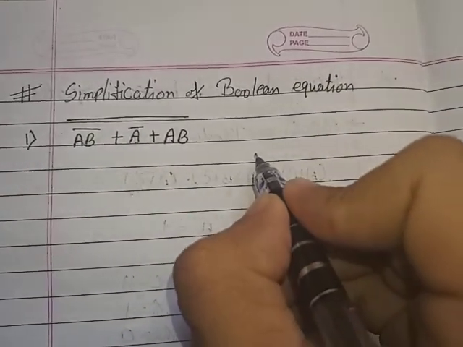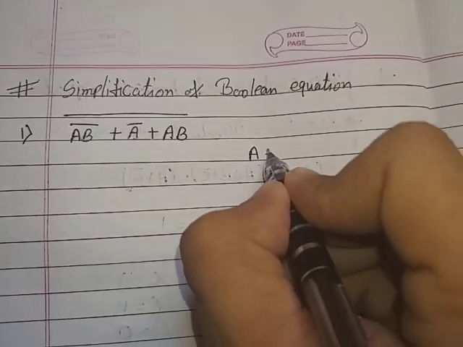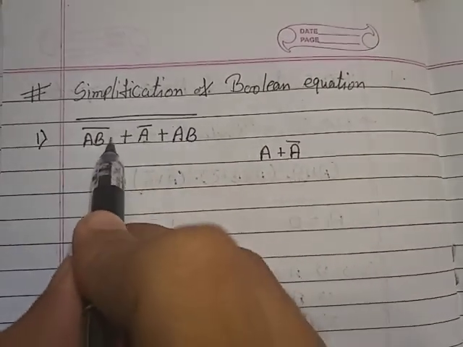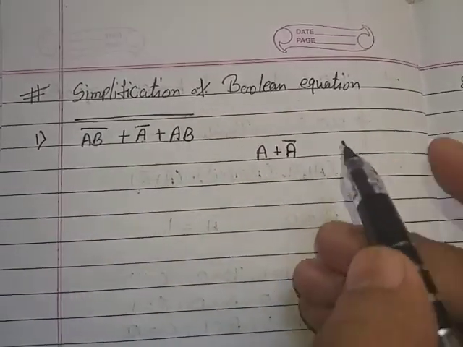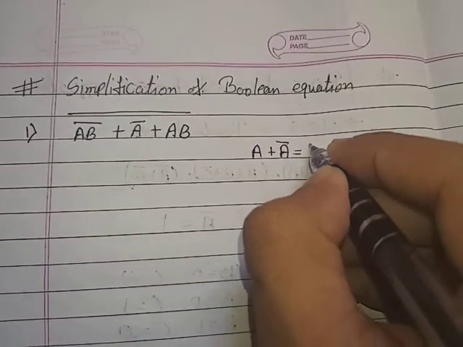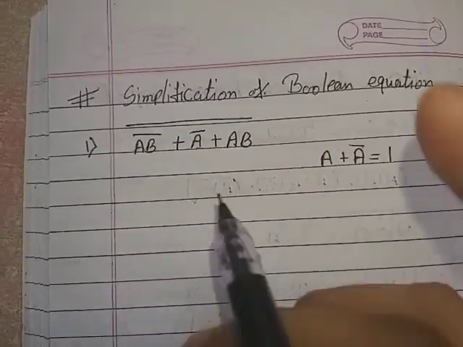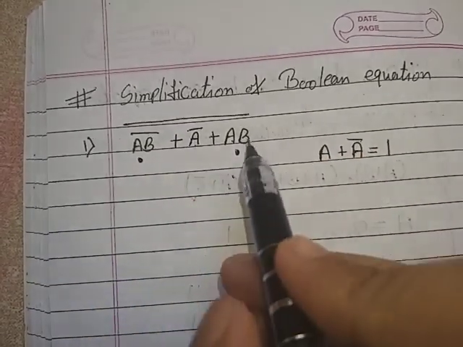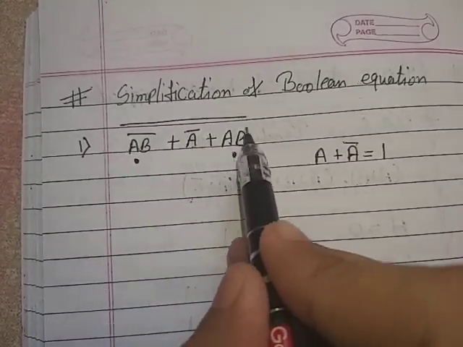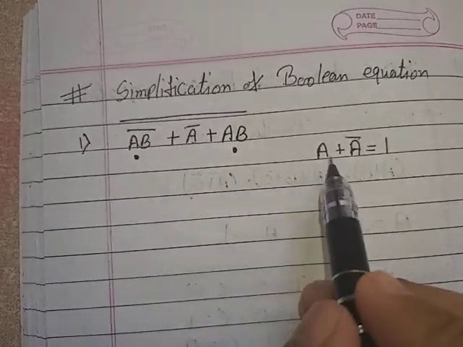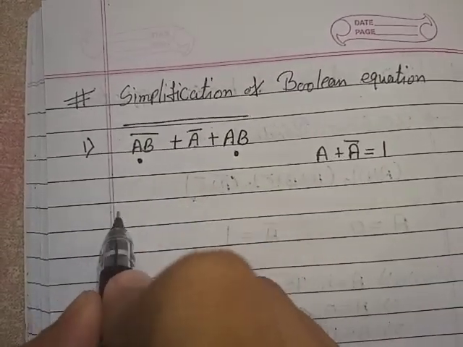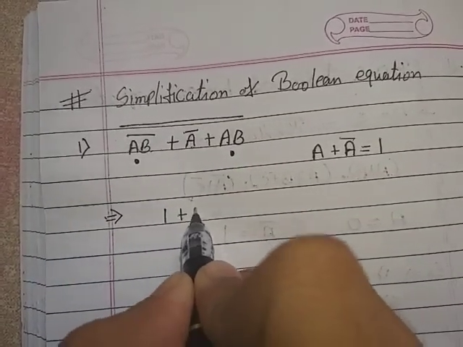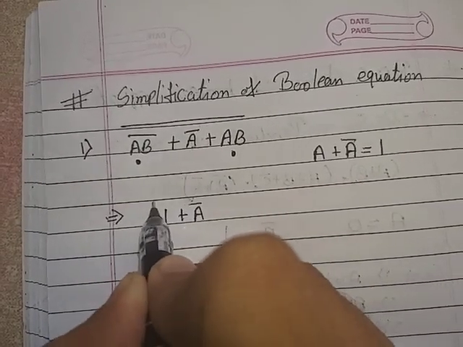So we can say that it is A plus A bar, and A plus A bar is equal to 1. So from these two points, A plus A bar is equal to 1. So what we get is 1 plus (A bar)bar.